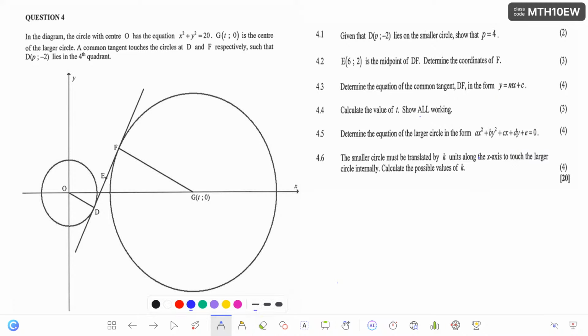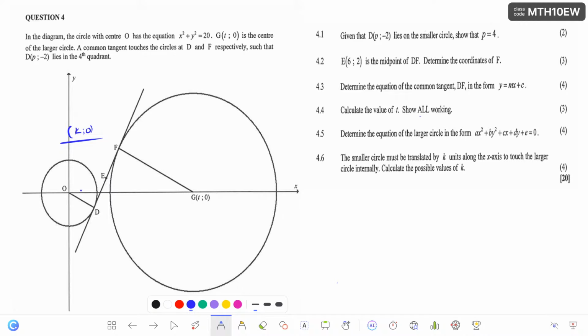So they said this circle, the smaller circle, might be translated by some k units in order to touch the larger circle internally. What is the possible value? So okay, you need to know something.